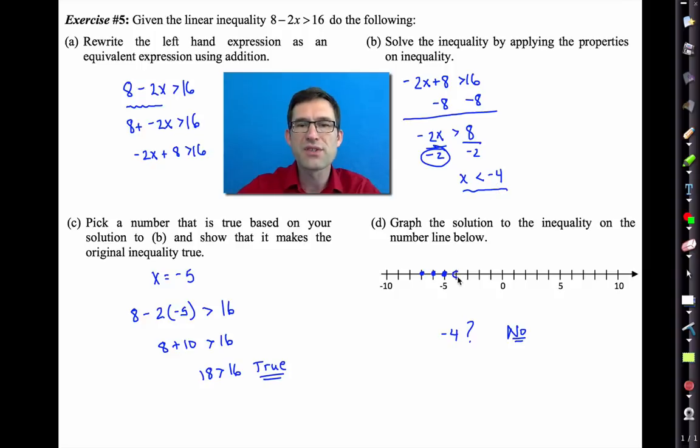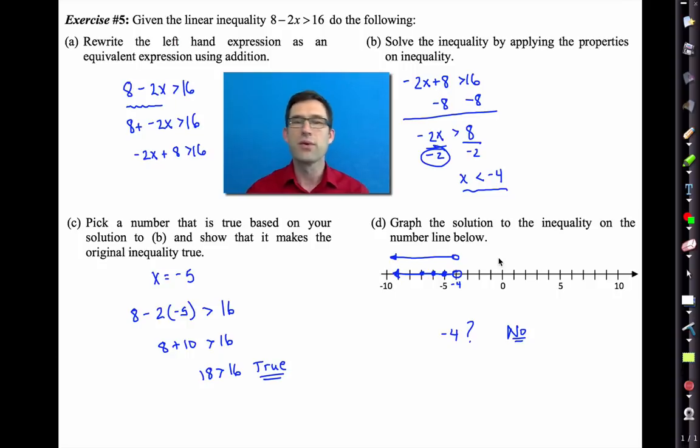So I'm going to circle negative 4. I'm not going to color it in, and then I'm going to color in everything to the left. Again, if you like to color above the number line, it would look something like this. The circle indicates that everything up to negative 4 is colored, but not negative 4 itself.